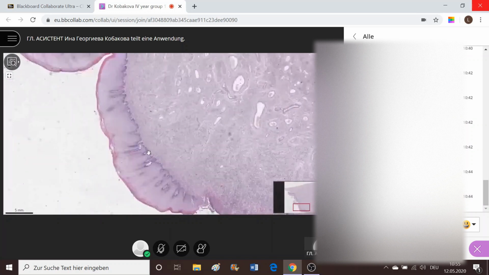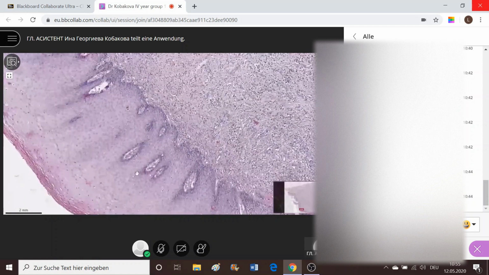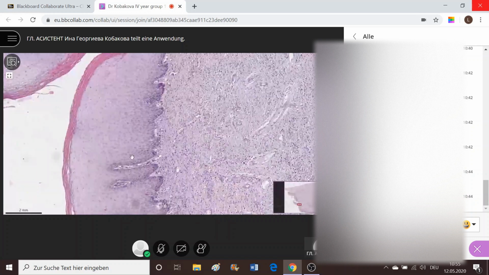We should pay attention at the epidermis here. Very often at the cervix, we expect to see koilocytes, which are a little bit enlarged squamous epithelial cells that are marking infection of papillomavirus.